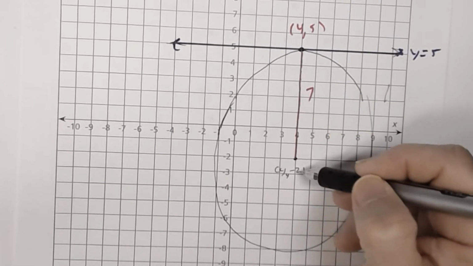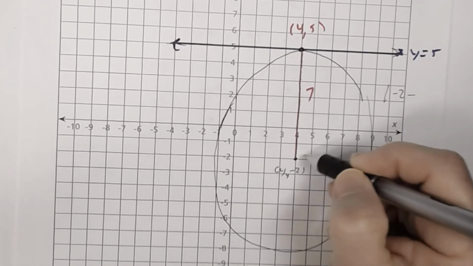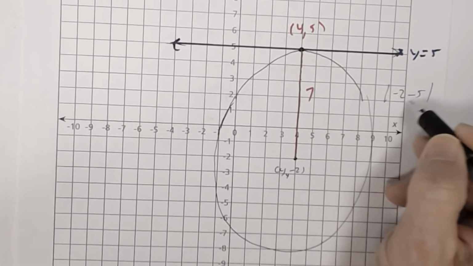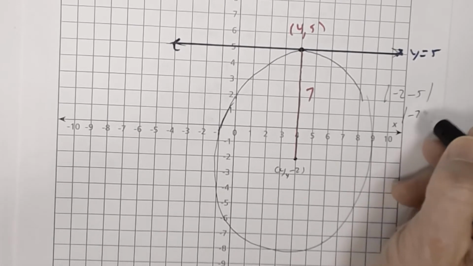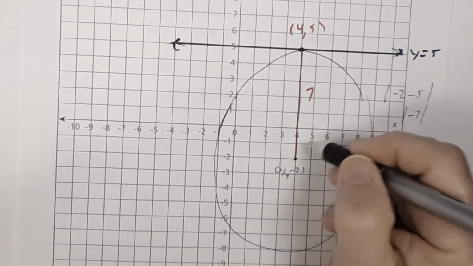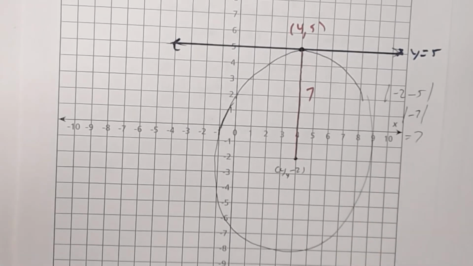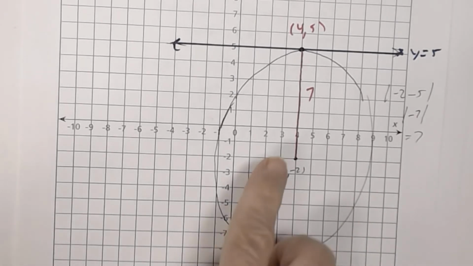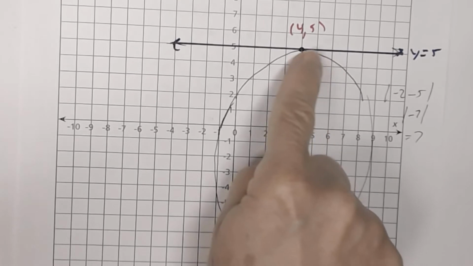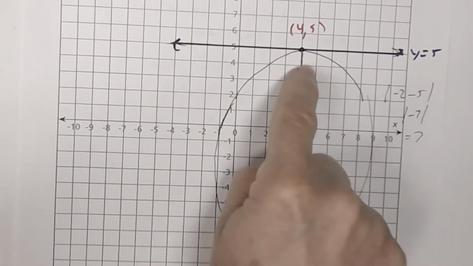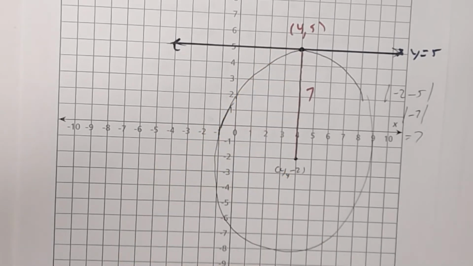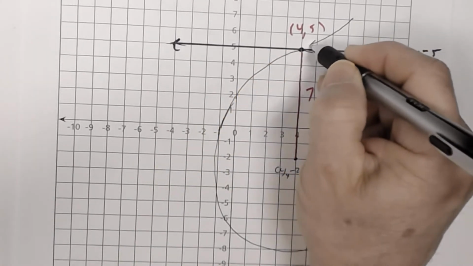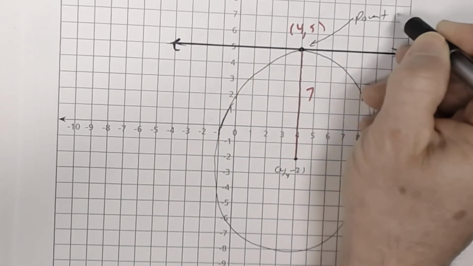Someone could start with negative 2 and then subtract 5. So negative 2 minus 5 is negative 7. That's why we use absolute value, because the distance is always positive. Okay, so we now know the center. We knew that it was tangent to this line, which means that the point of tangency, this is called the point of tangency, by the way.